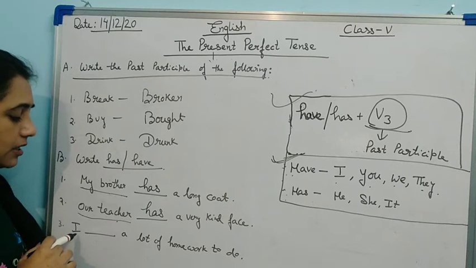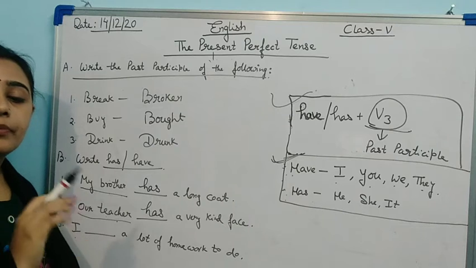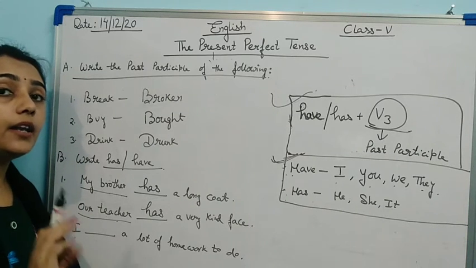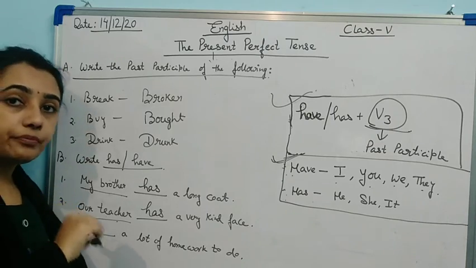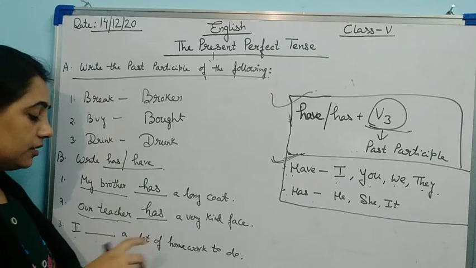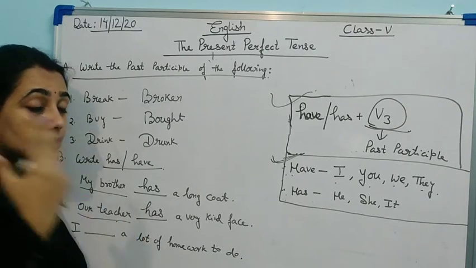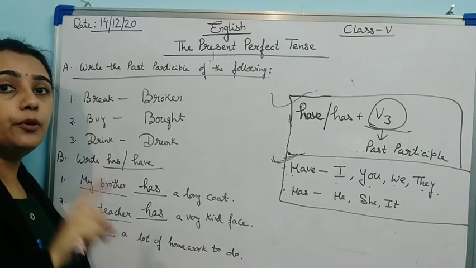Now the third sentence, I. I have already said many times, I is the strongest person in grammar and I don't require any helping hand. So I is overall a strong person, that means having the power of more than one person. That is, in itself, I is doing the work of a plural part.